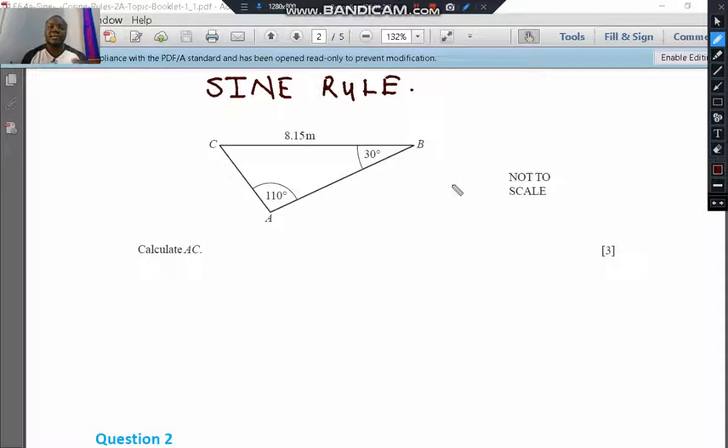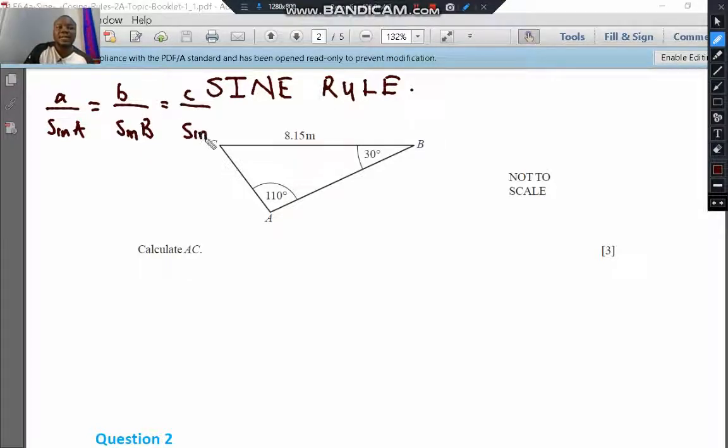For now, we just need to look at how the formulas work and what sort of formulas we need to use. So the sine rule is stated like this. I'll explain all these variables here. You've got b over sine capital B, and then you've got c over sine capital C.